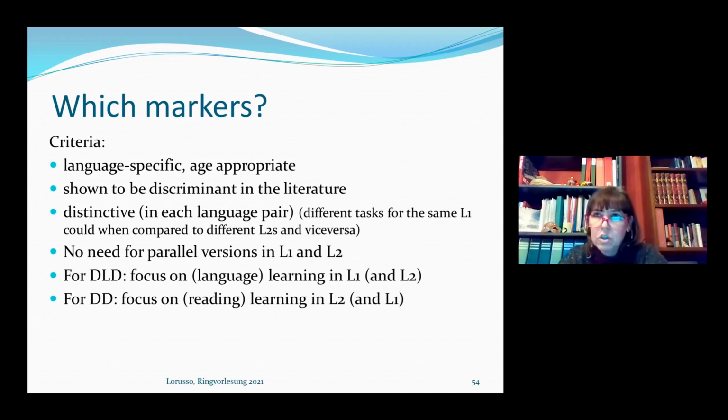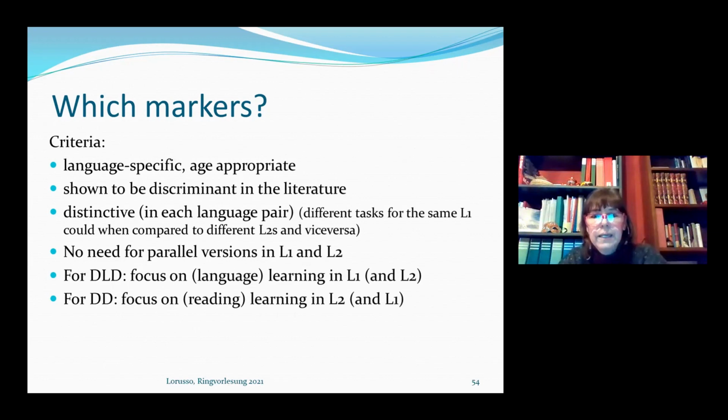So we did not choose the same markers for a certain language independently of the second language it had to be paired with, but considering the linguistic distance between the two languages, because we saw that the linguistic difference and distance is important in producing possible interference.